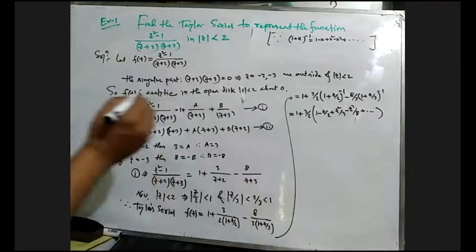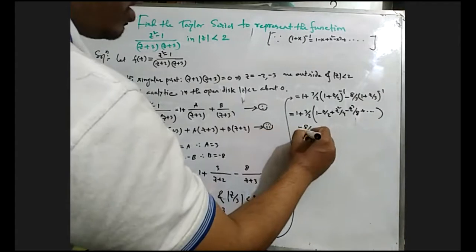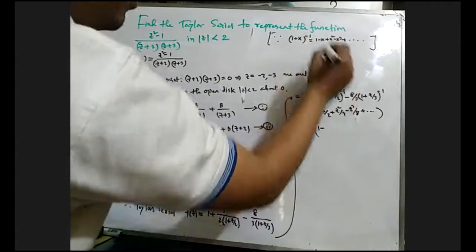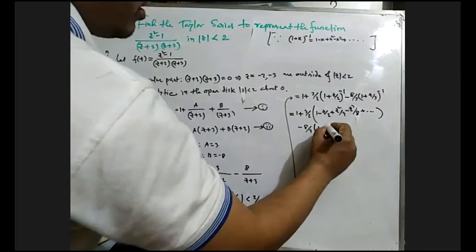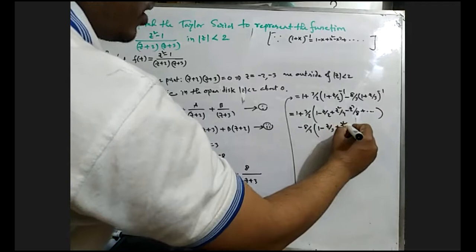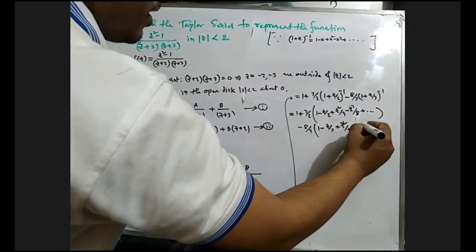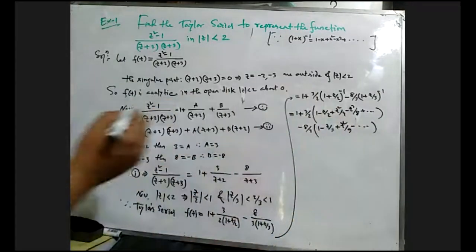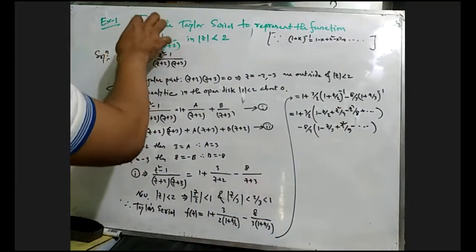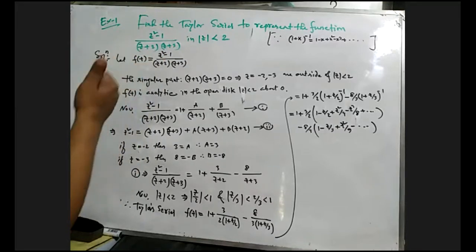In this way, minus 8 by 3 into 1 minus, same series, z by 3 plus z square by 9 minus dot dot. And this is the required Taylor series for the given function f of z, which is analytic.